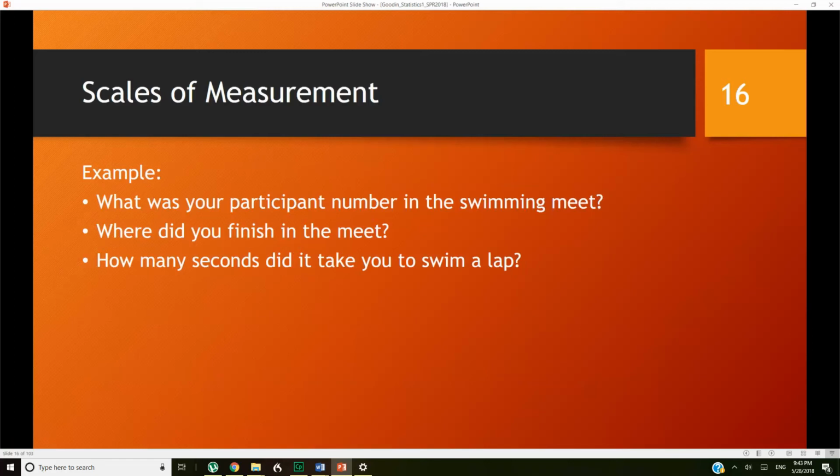But would the difference in times between each finishing swimmer be exactly the same? Probably not. How many seconds did it take you to swim a lap? That is an exact time, an exact amount, and gives us a different type of information than what order you placed in or your participant number.